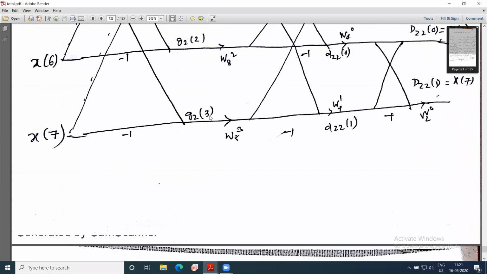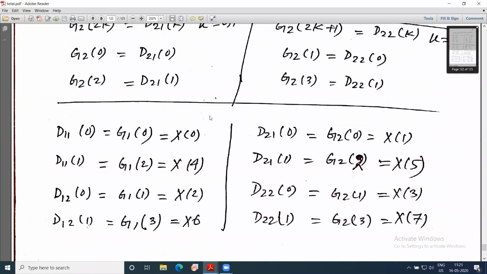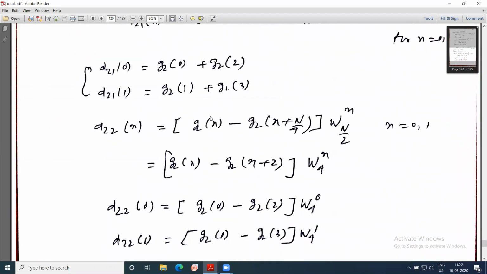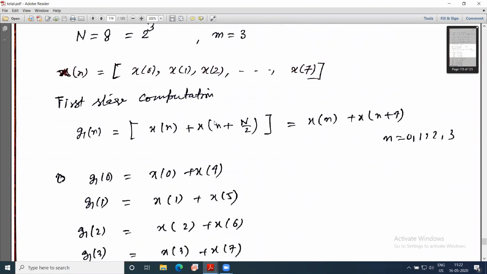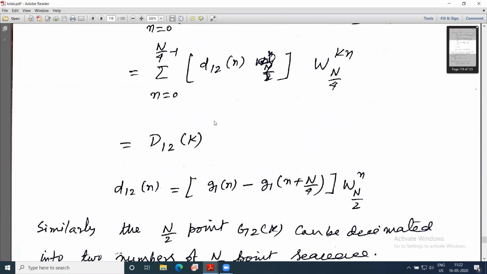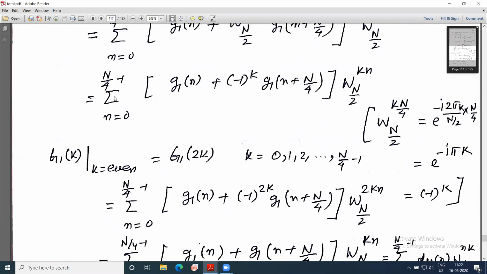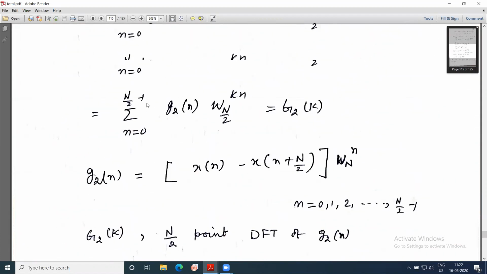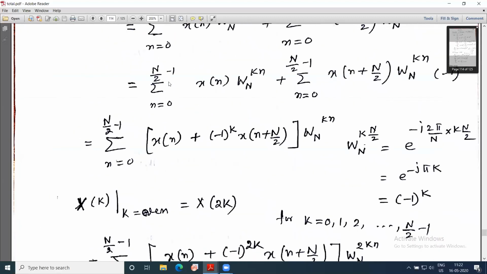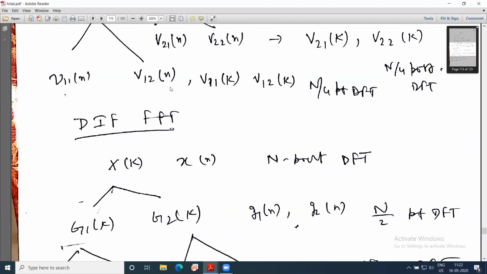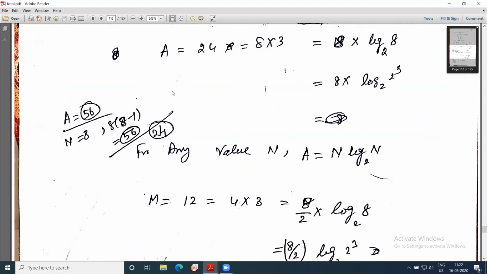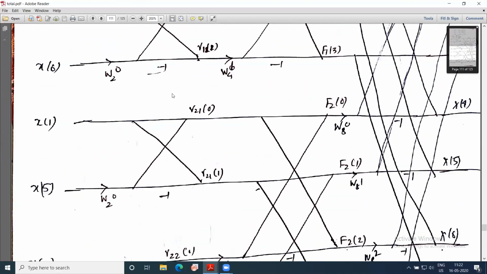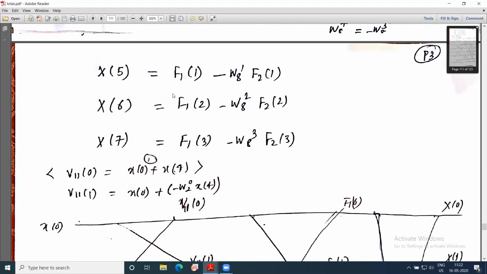For example, if you look at the result of DIT FFT for the same problem that I have solved, x0, x1, I have solved that particular problem. Where is the solution of this problem? I have solved this problem, na?